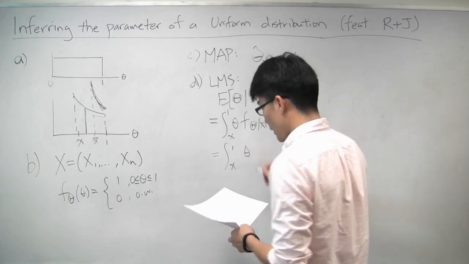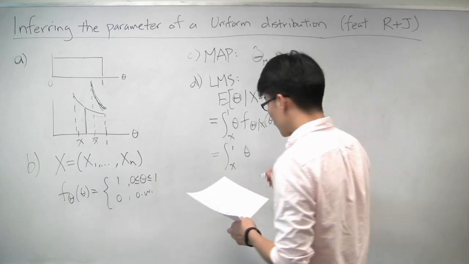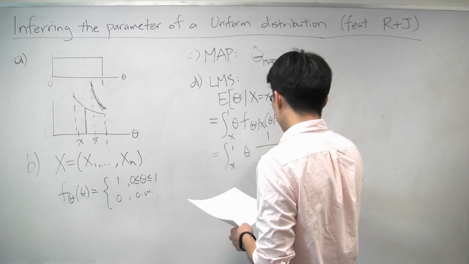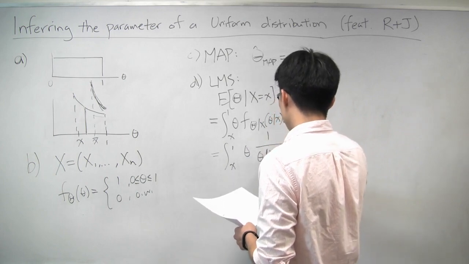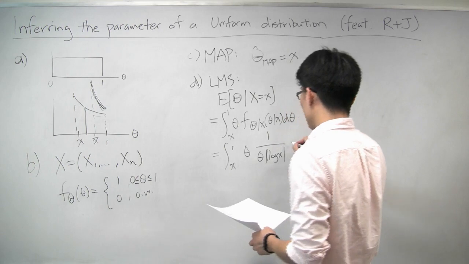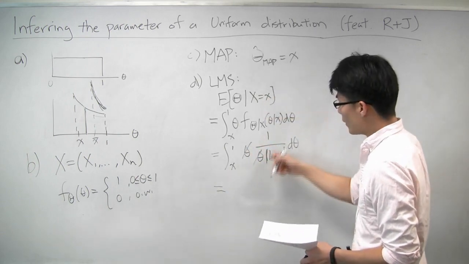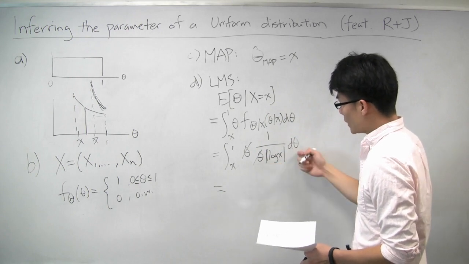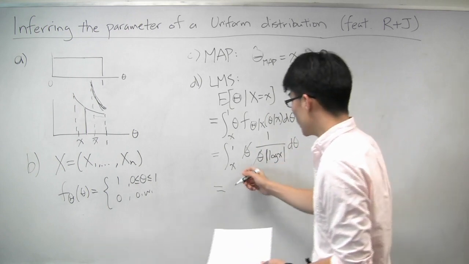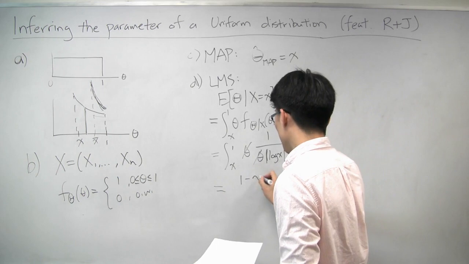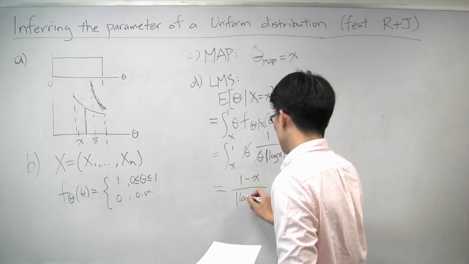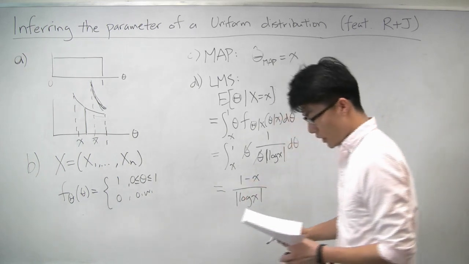The posterior we calculated earlier was 1 over theta times the absolute value of log x. So the thetas cancel out, and you just have 1 over the absolute value of log x, which doesn't depend on theta. So what you get is just 1 minus x over the absolute value of log x.